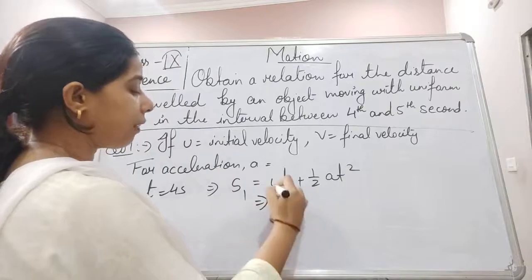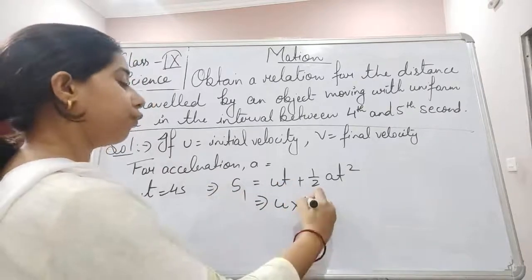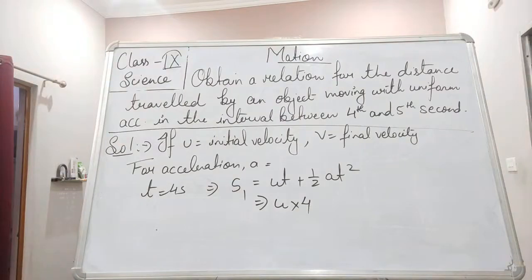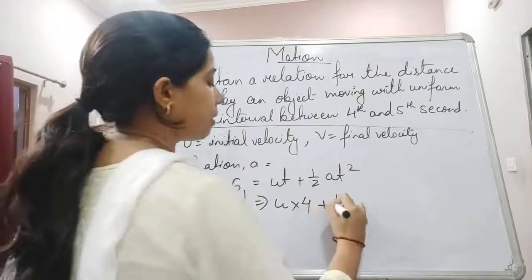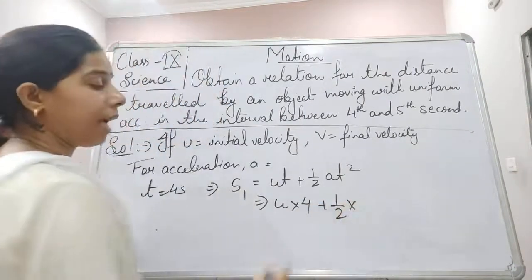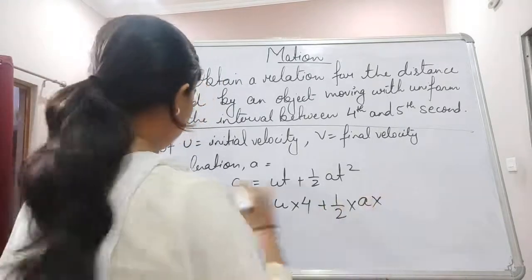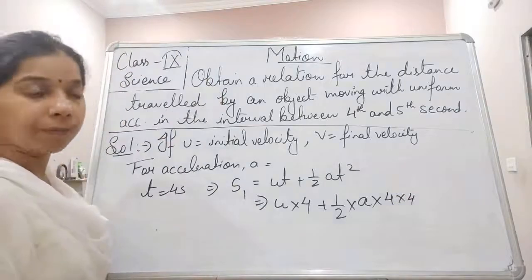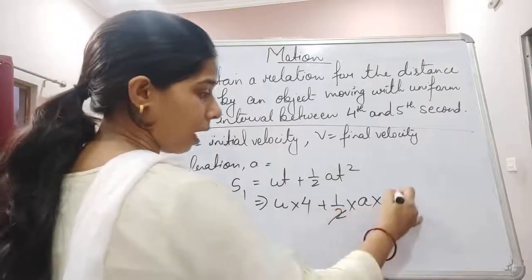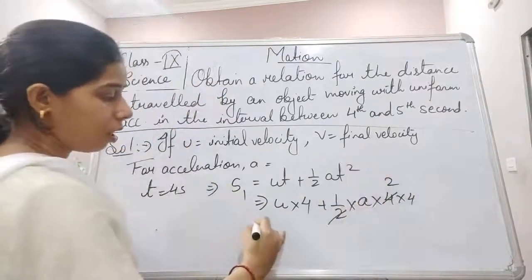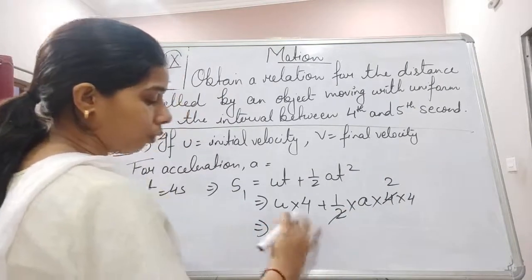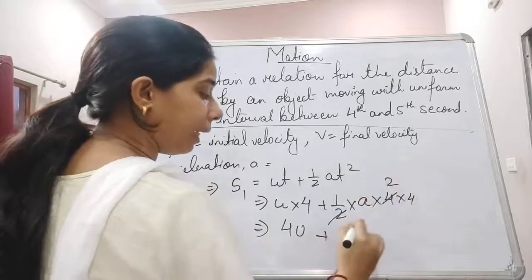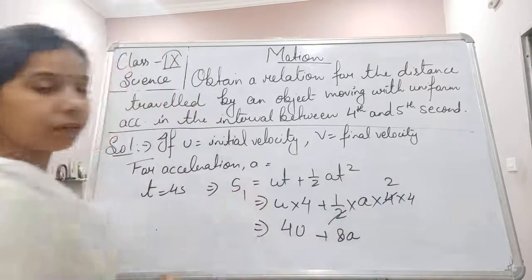The value of u is given, students. Time is given, that is 4 seconds. Plus half into acceleration as it is, 4 the whole square. Now this 2 and this 4 will cancel each other, and it will become 4u. u into 4 is 4u, plus 4 into 2, 8a.